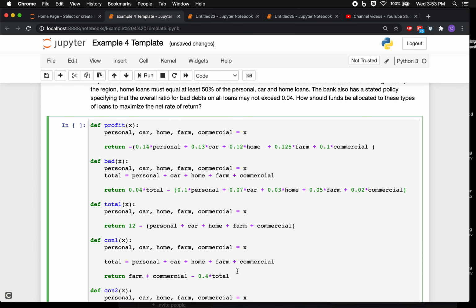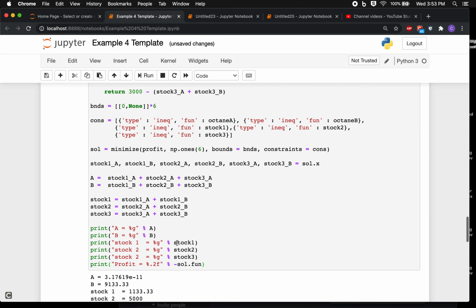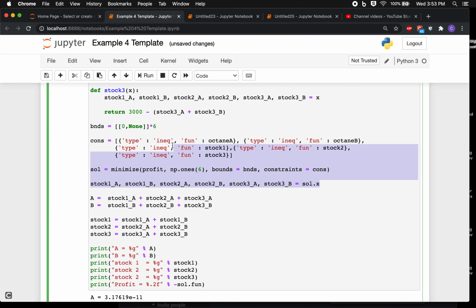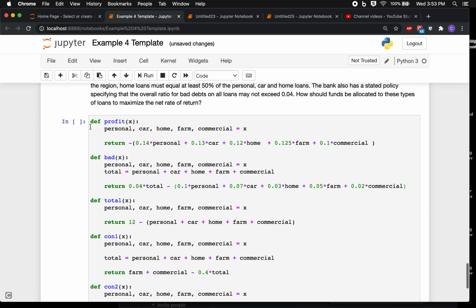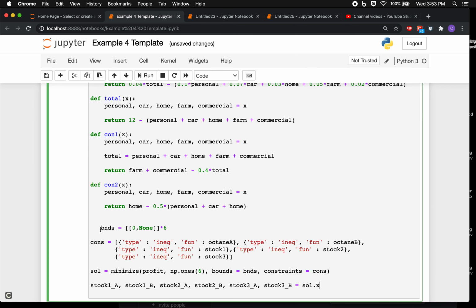So what do we have? 1, 2, 3, 4, 5 decision variables. Let me just grab all this up here because I don't want to retype everything. So I have 5 bound constraints.